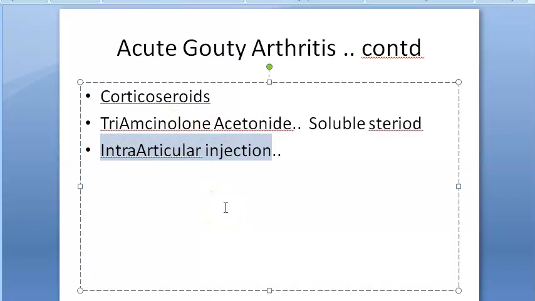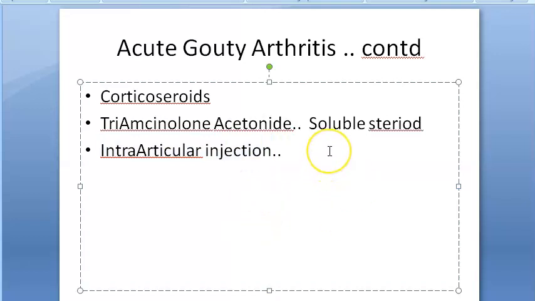Intra-articular means it is given into the joint. Imagine how painful, an injection of the steroid into the joint, which suppresses the symptoms of gout. Again, this is only symptomatic relief, like all of these.